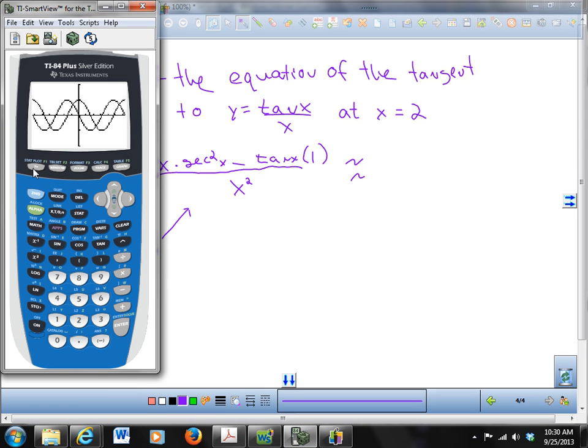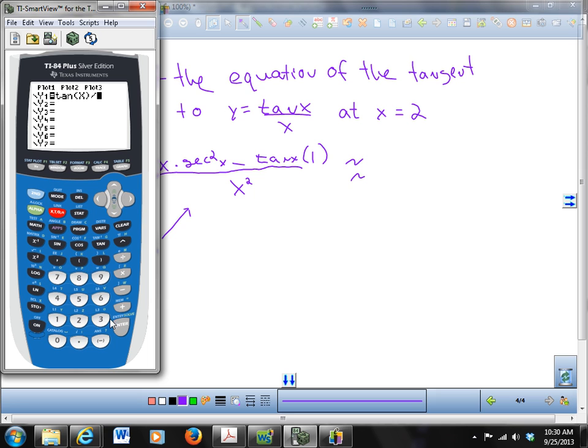And so you could do that with your calculator. You can go second, clear. I'm just going to plug tan of x over x into my function. Y equals, sorry, tan of x, close, divided by x.